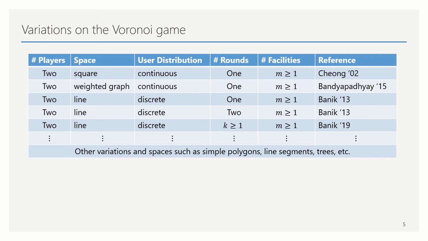Also, we can see a discrete Voronoi game on a line with a different number of rounds here. Also, we can see other variations that are mostly about different spaces, such as simple polygons, graphs, and so on.